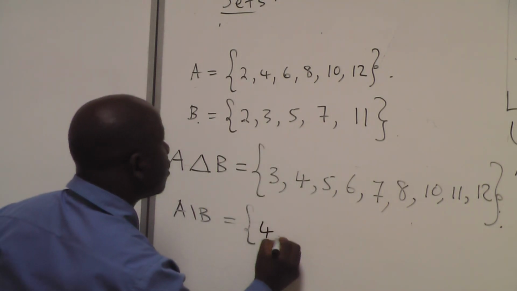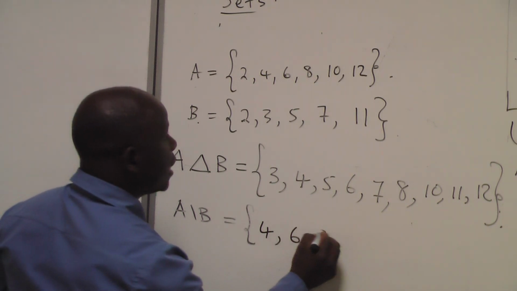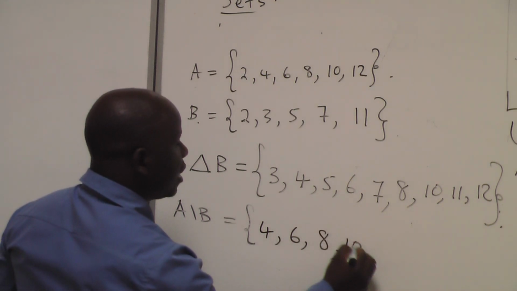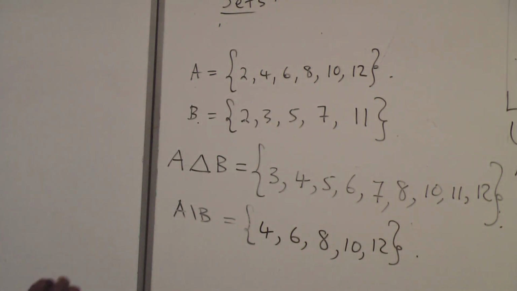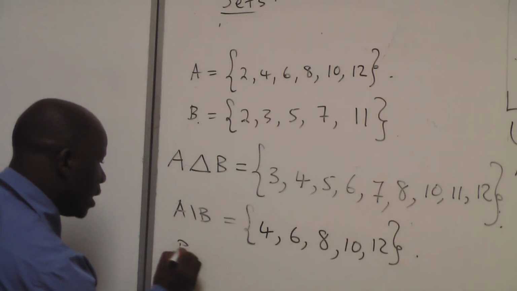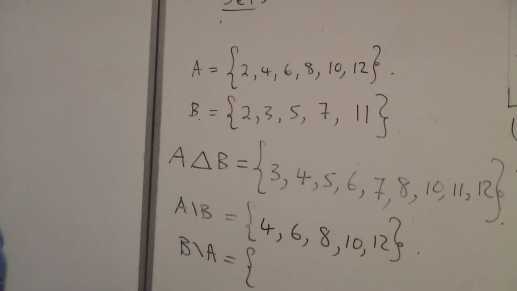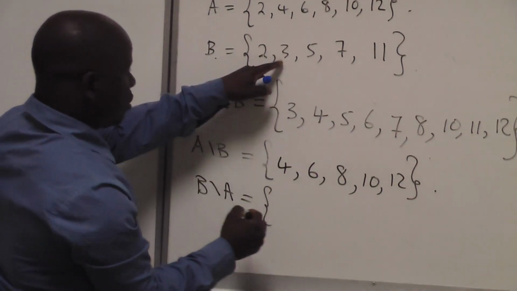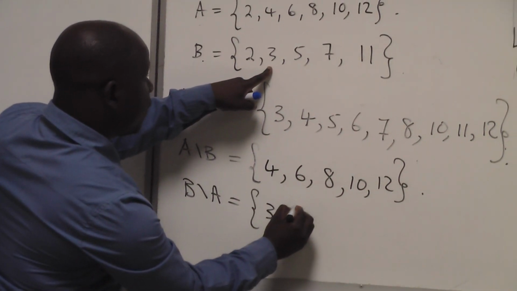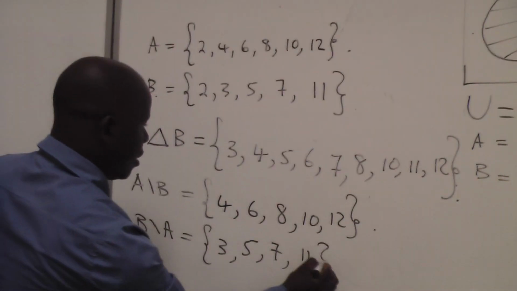So we have 4, 6, 8, 10, and 12. Okay? What is B difference A? All elements in B but not in A. B not in A. 3, 5, 7, 11.